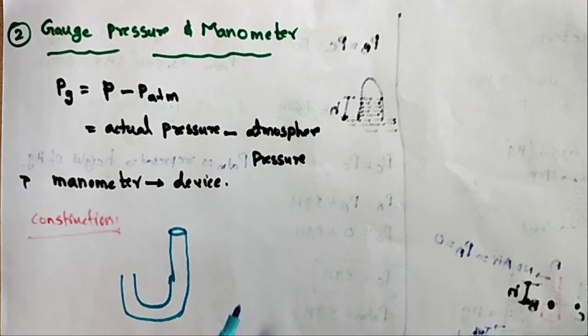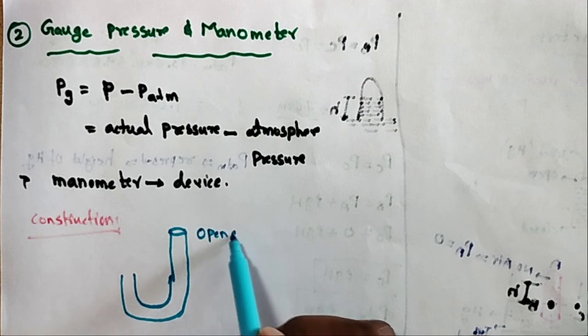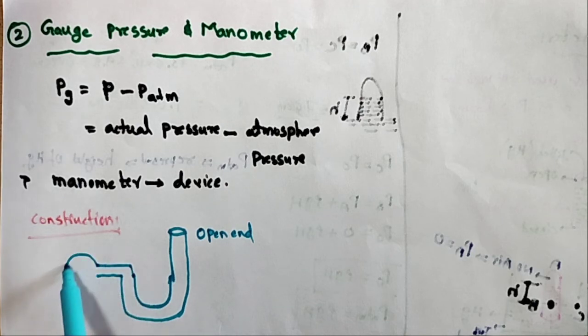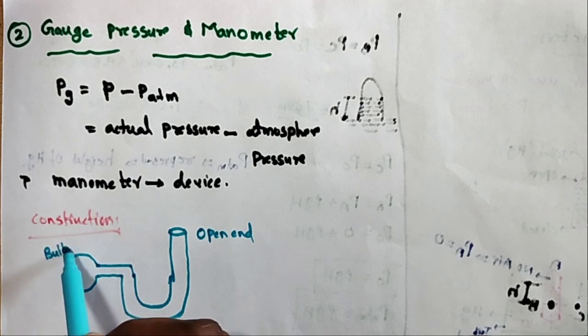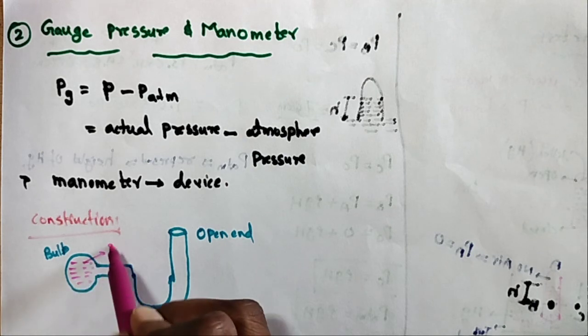One end is open, open to the atmosphere, and the second end is connected to a bulb. This is also a glass bulb, and in this glass bulb some gas is there.